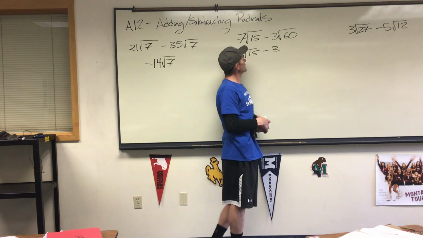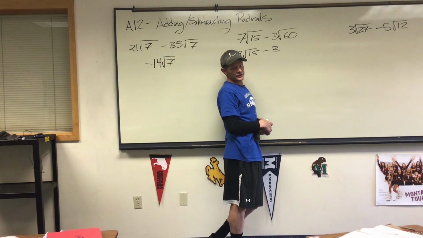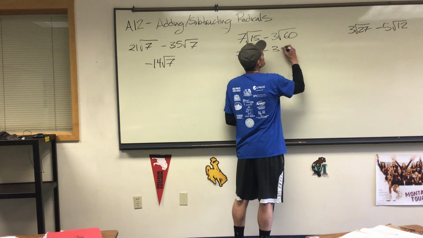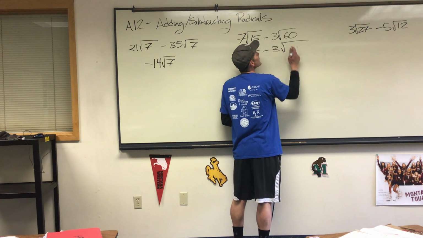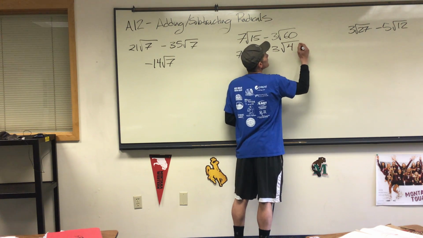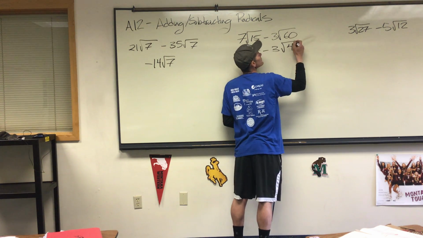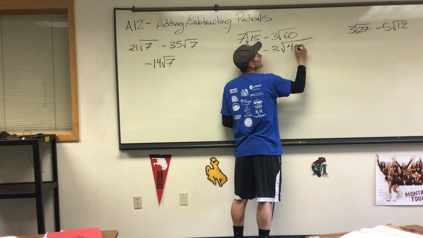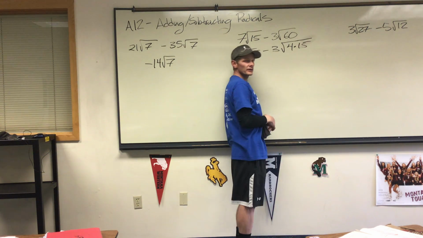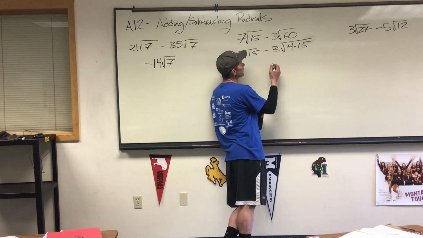What is the biggest perfect square that divides 60? I think the biggest one is 4. 60 is the same as 4 times 15, or the square root of 4 times the square root of 15. If I have a square root of a product, I can write it as a product of square roots.